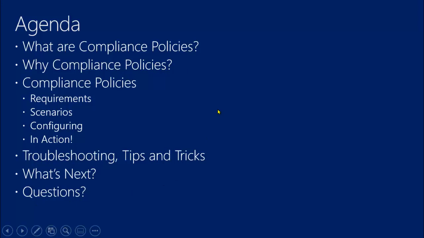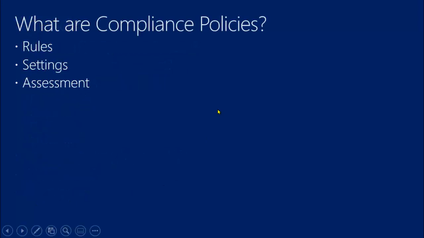Okay, so jumping right in. Moving into this, what are compliance policies? Well, this slide is identical to the one from part one. I think it's identical. I might have made a change or two in one of these. I don't know. But compliance policies basically are rules. They are settings that you want to evaluate against devices in your environment to determine, are these devices compliant with the corporate policy that has been defined as required for the devices.